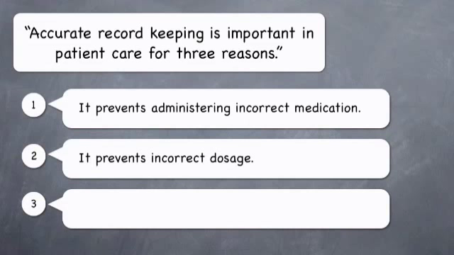Now I'm struggling a little bit to think of the third one, but you know what? Don't give up. Think of 3, okay? And number 3 is, it enables calculated adjustments, meaning it enables the doctor to adjust the dosage, or maybe to change medication according to the records. Without the records, you couldn't do that. Okay, very good.